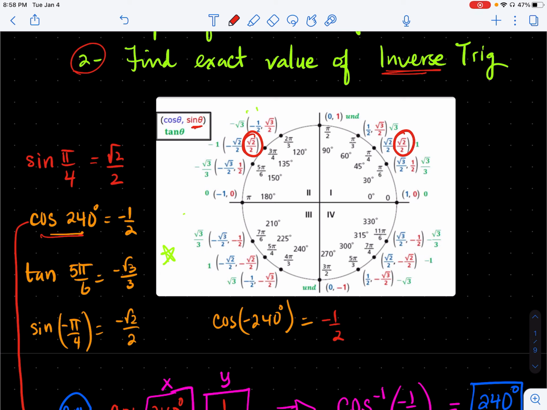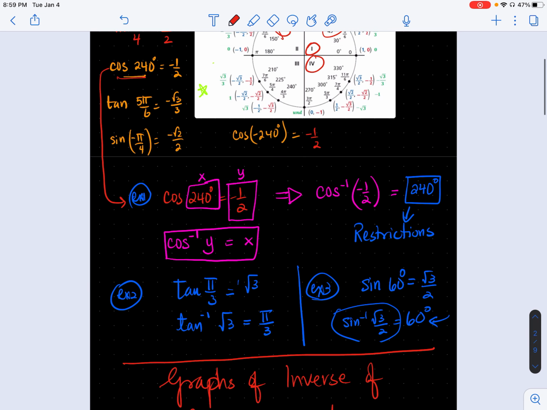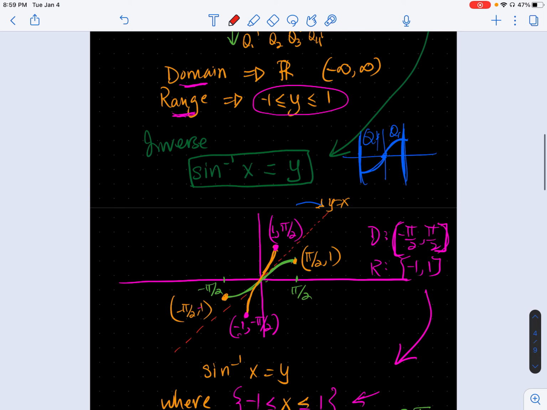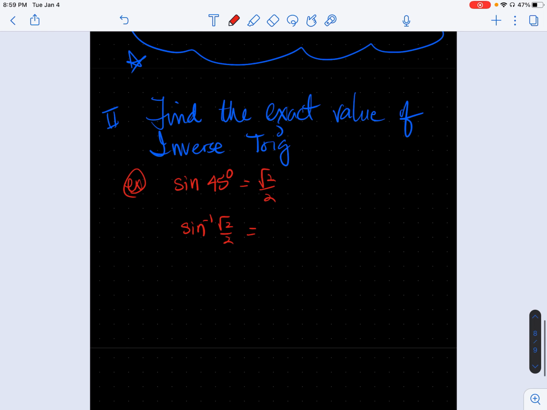But there are restrictions to sine inverse that we just talked about. Sine inverse is restricted only to quadrant 1 and 4. So this answer, the 135 degrees or 3 pi over 4, will be ignored. We will only consider pi over 4 or 45 as our answer because of the restrictions, and there was none in the fourth quadrant, so we're not going to pick anything from there.